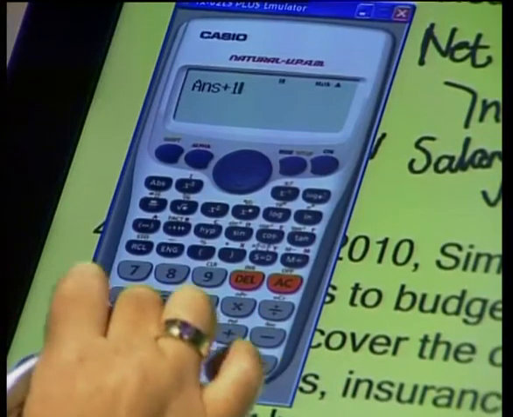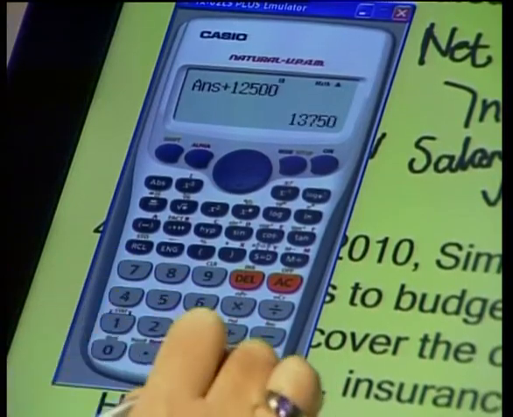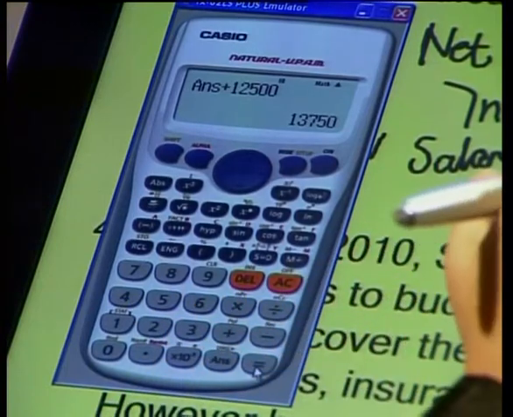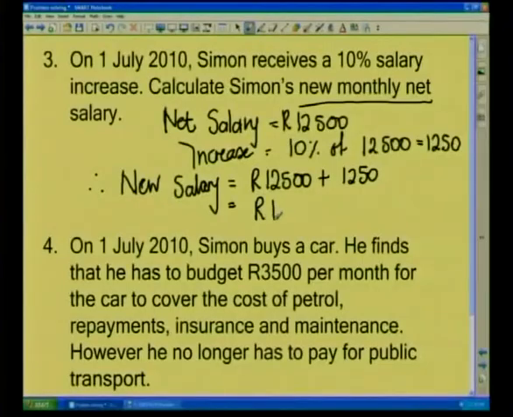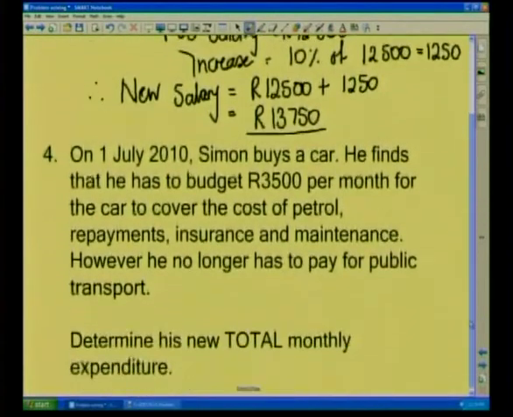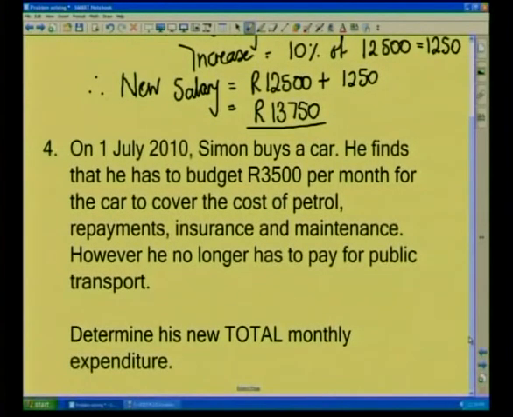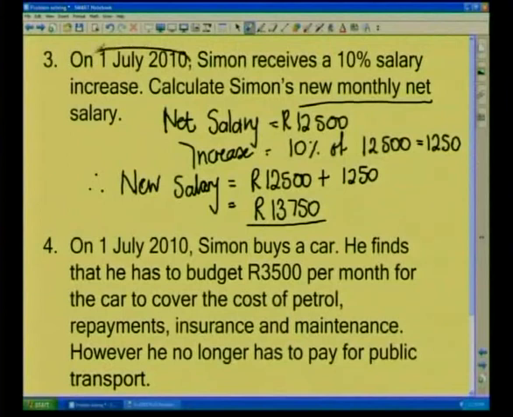So I'm just going to add on my 12,500 to get 13,750. 13,750 is his new net salary. On the 1st of July 2010, which is the same time as he got his increase, you can see on the 1st of July. So we're using this as his new salary.